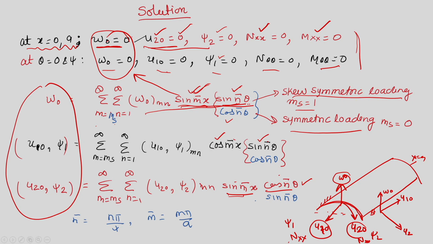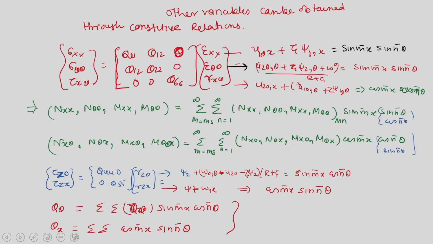After that, if you are sure that the displacement field would be such, then using the constitutive relations one can find that sigma xx is sin sine or sin cos or cos sine. So, epsilon xx, epsilon theta theta and gamma x theta. So, sigma xx contains q11 and q12.